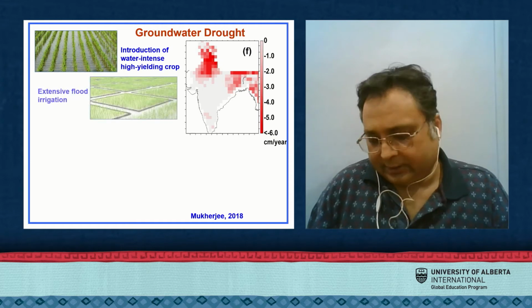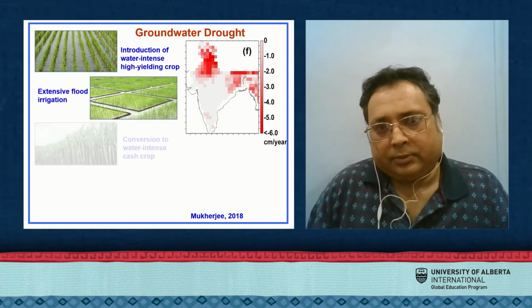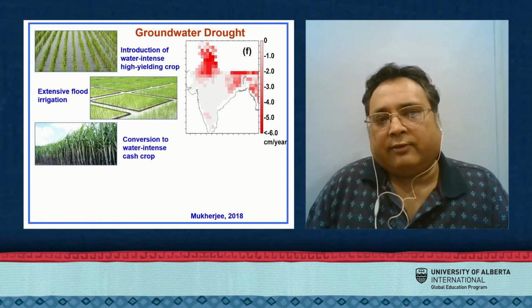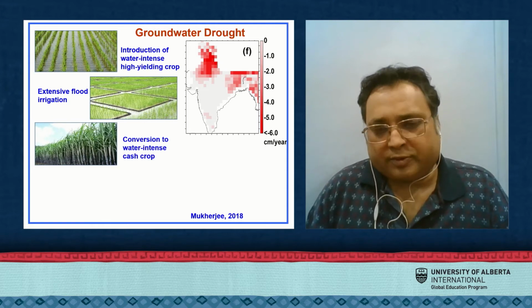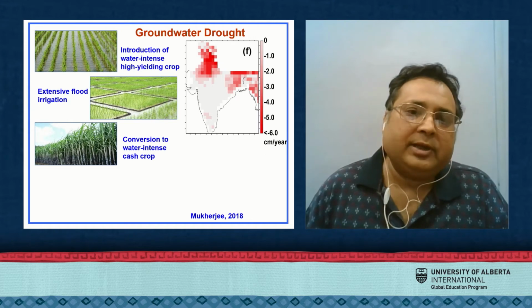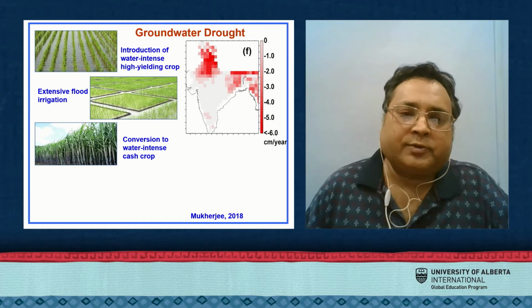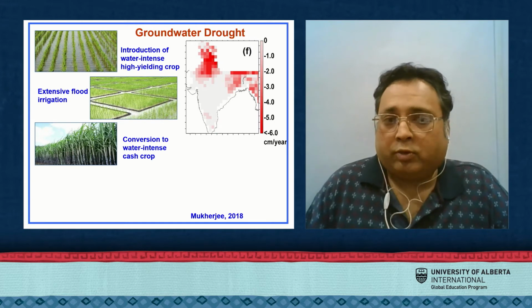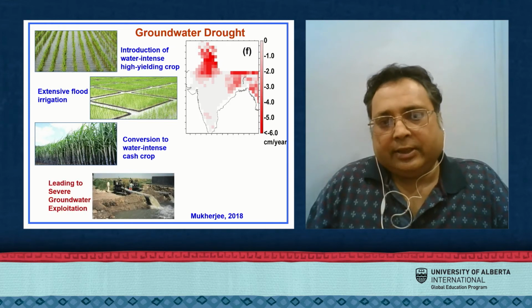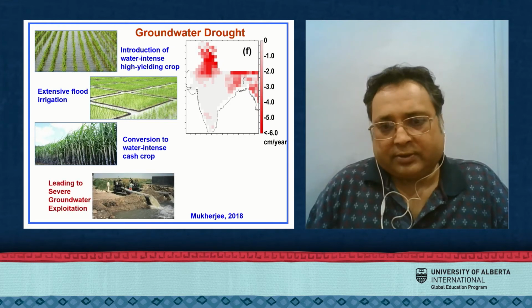And all of this also leads to conversion to water-intense cash crops. People in many places in the country convert their traditional crops to cash crops, which are much more water guzzlers, and all of this essentially leads to severe groundwater exploitation.